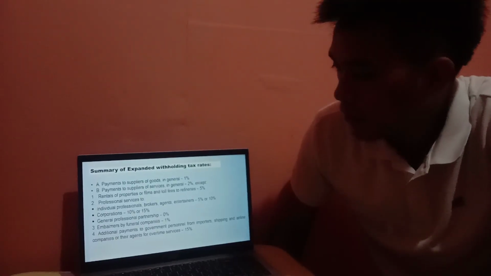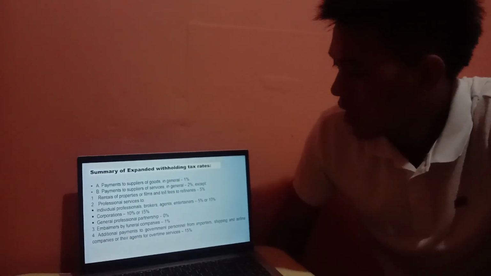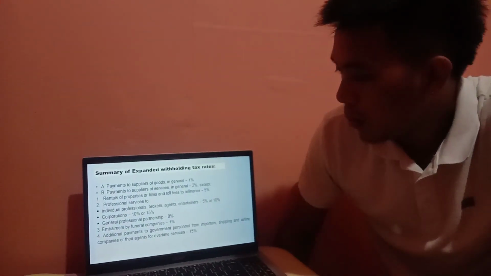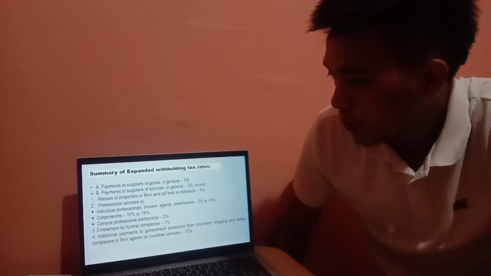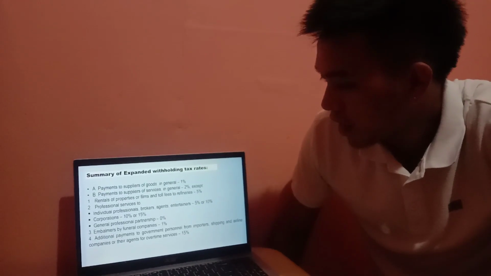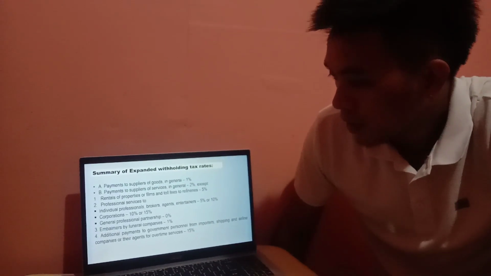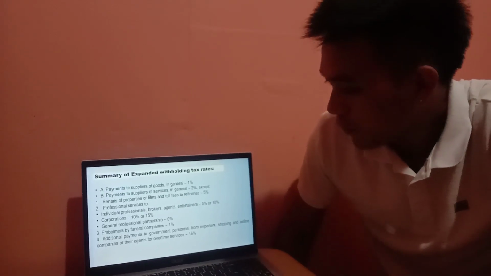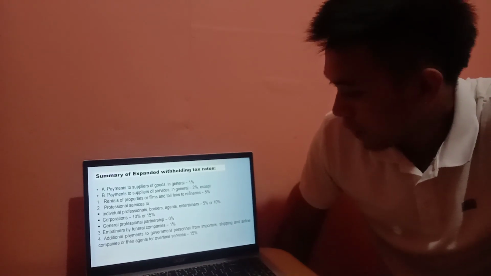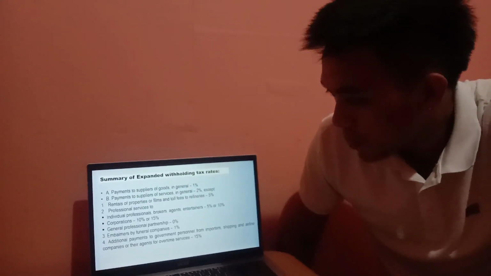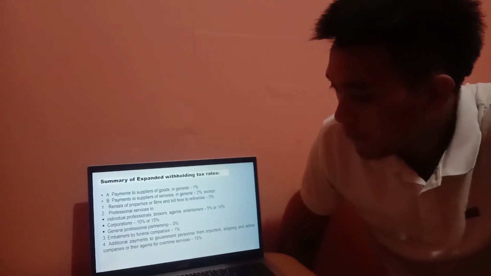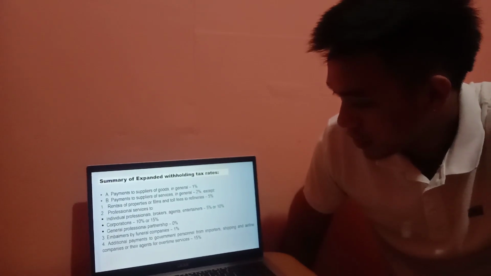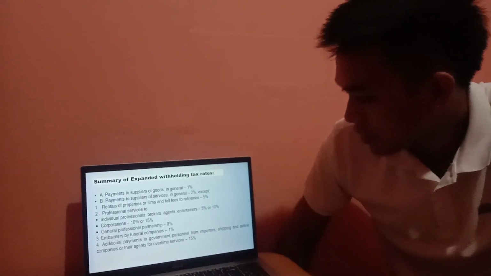Our summary of expanded withholding tax: payments to suppliers of goods in general 1%; payments to suppliers of services in general 2%, except rental of properties, films, and toll fees, which are 5%. Professional services to individual professionals, brokers, agents, entertainers 5% or 10%.